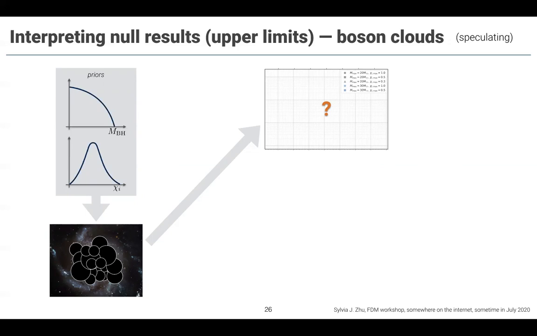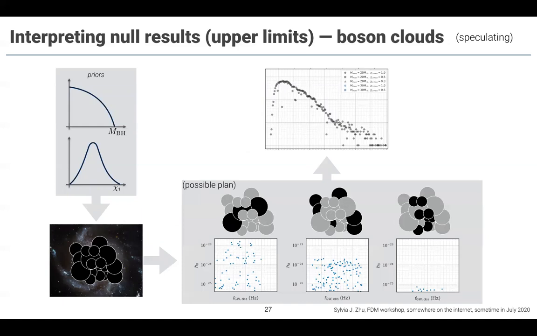But that's very computationally challenging. One thing we could do, again, this is speculative, as a possible plan, is to divide this population of black holes into smaller discrete bins. Each bin could be a certain range of black hole masses and spins, for instance. We might produce a set of gravitational wave signals for a bin of heavy black holes, and then a bin of medium black holes, and then a bin of very light black holes.